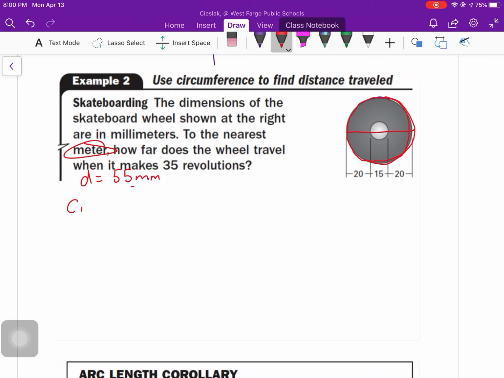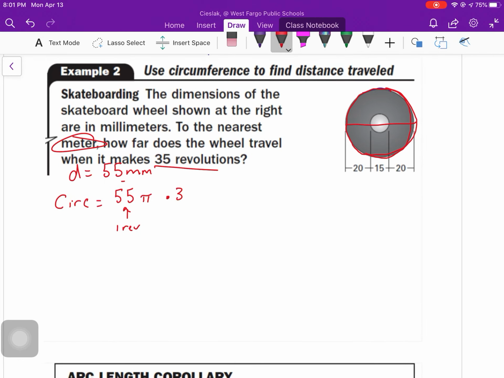We want our answer in meters, which we'll deal with in a second. So, the circumference is equal to my diameter, or 2 times the radius, so 55 times pi. Now, that is on one revolution. I'm saying how far does it go in 35 of them. So I'm going to take this and multiply by 35. So in 35 revolutions, this thing is going 1,925 pi millimeters.